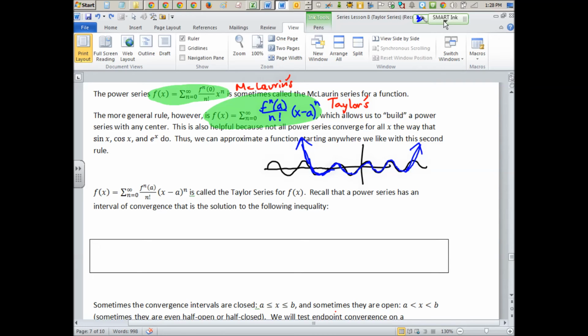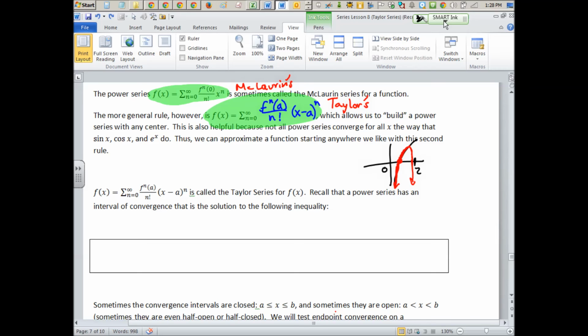In fact, sine, e to the x and cos x, if you let it go all the way to infinity and you include all the terms, you get the whole curve. That isn't true on the previous page. On that previous page, when we drew this picture of ln x, and we built our little power series at 1, unfortunately, no matter how many terms you do, you could do 1,000 terms, but everything falls out of convergence at x equals 2.